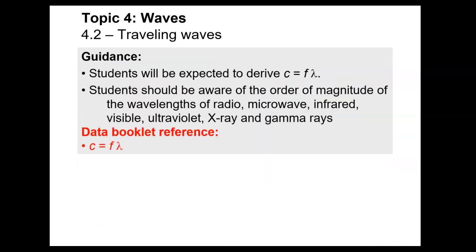When we talk about the electromagnetic spectrum in the next unit, you should be aware that according to the IB, students should know the order of magnitude of the wavelengths of radio, microwave, infrared, visible, ultraviolet, X-ray, and gamma rays. When we get to the EM spectrum, I'll briefly mention that, but the IB does expect you to roughly know those wavelengths, if nothing else to be able to put the different parts of the EM spectrum in order from shortest to longest wavelength.